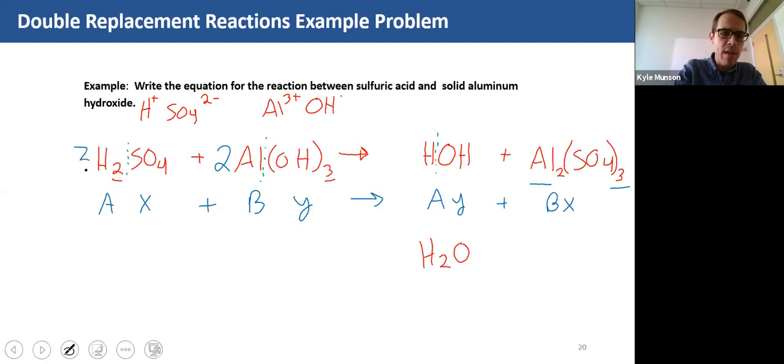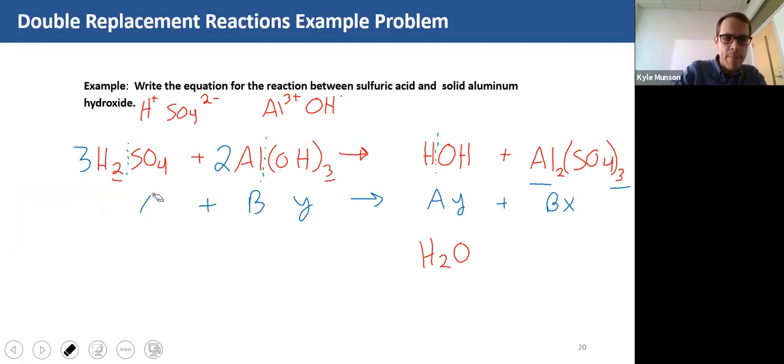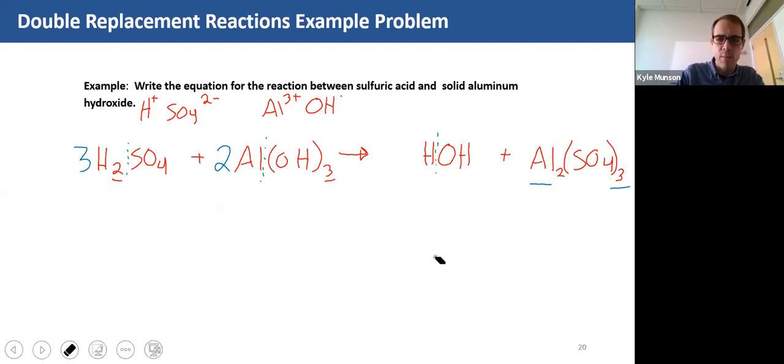So if I put a 3 here, that balances the sulfate ions, okay? And let's see here. So how many oxygens do I have on this side of the equation? So let me just erase a little bit. So hopefully you have that in your notes. I just need a little bit more room here to balance this equation. So, okay, let's see here. So sulfates are balanced, aluminums are balanced. You could also do this by elements, like sulfur is balanced. It's the same idea.